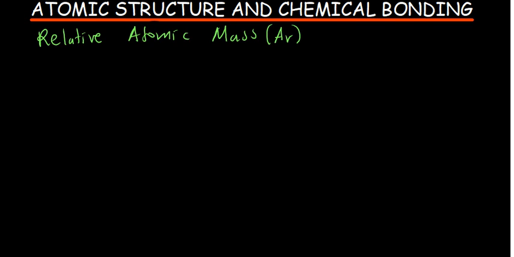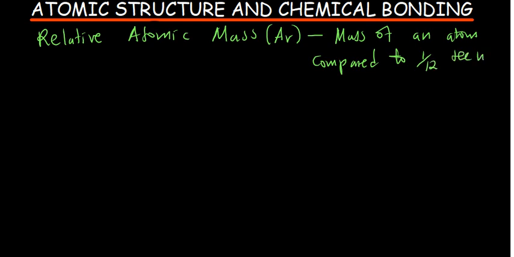So this is relative atomic mass, the mass of an atom compared to 1 over 12 of the mass of carbon.